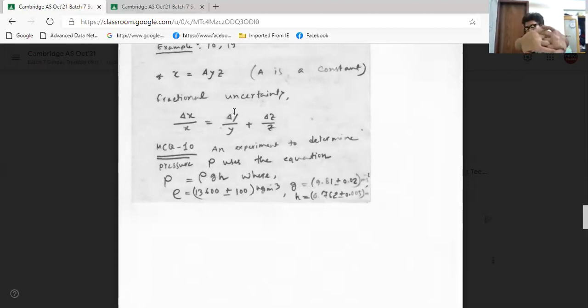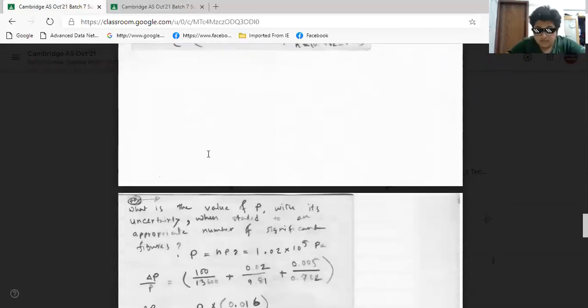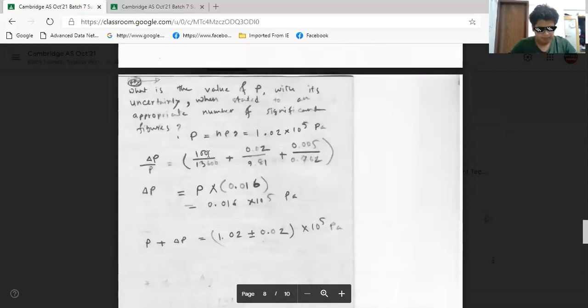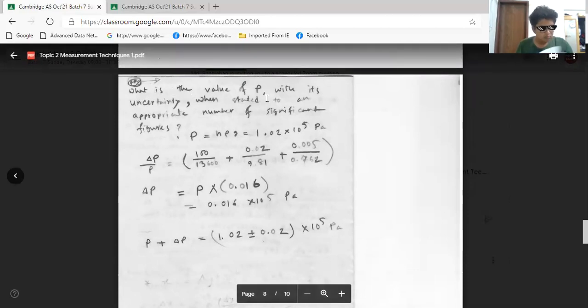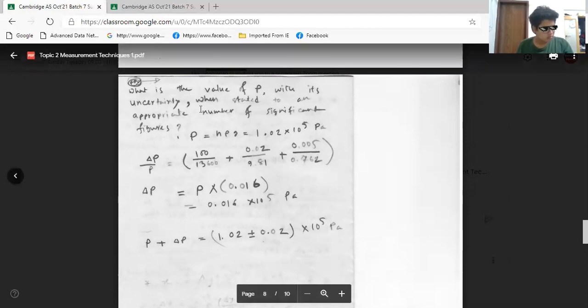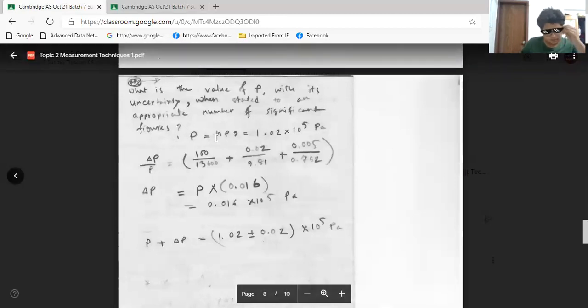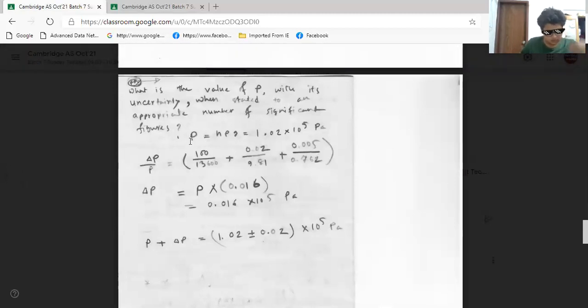Now, how do we calculate the fractional uncertainty? Look at this question. What is the value of P with its uncertainty when stated to an appropriate number of significant figures? So if you calculate, then your P will come from rho, g, h.